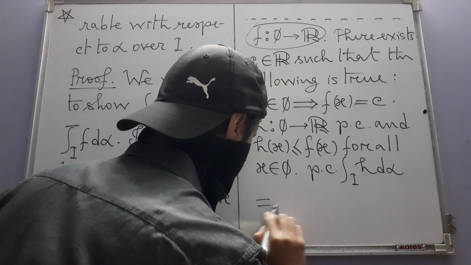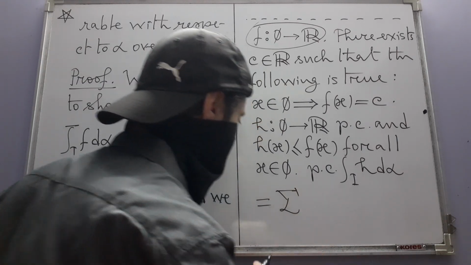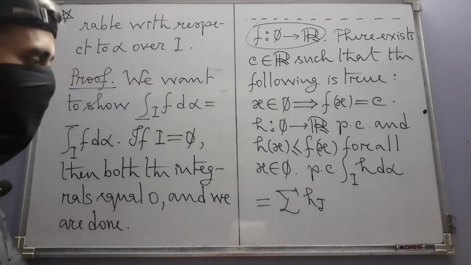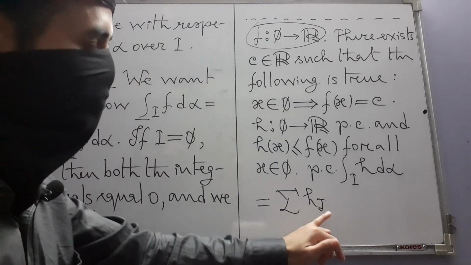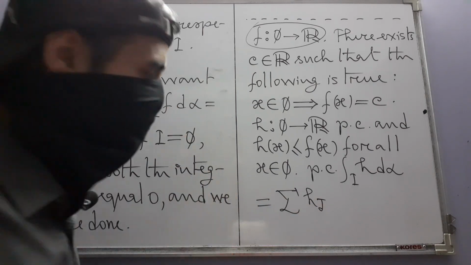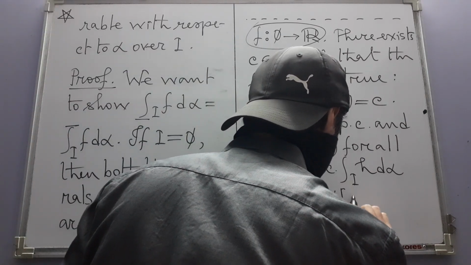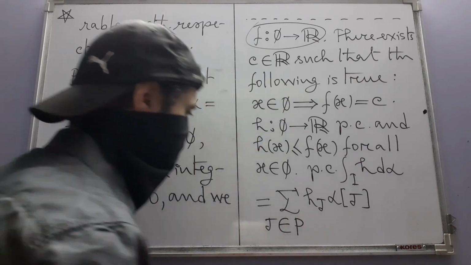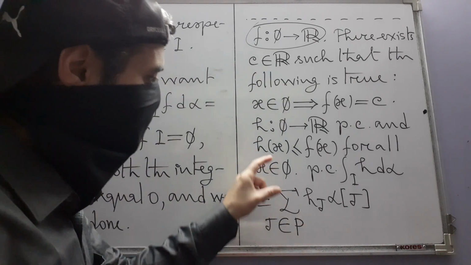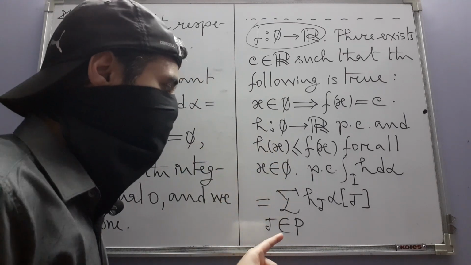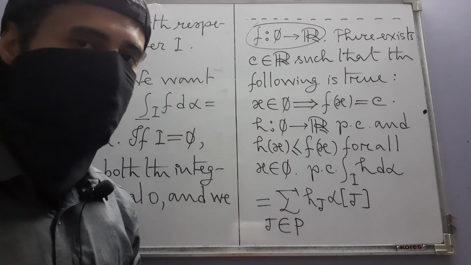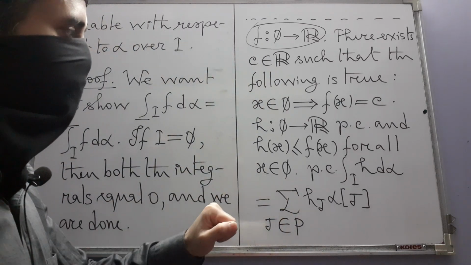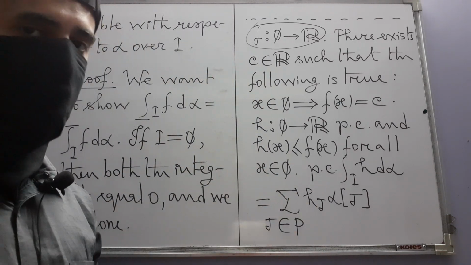See, by definition, it is the sum of h_j, by which I mean the constant value of h on the subinterval j, times the alpha length of j, as j varies over P, where P is a partition of the empty set with respect to which h is piecewise constant. Now, what type of partition can you think of when the interval itself is empty?